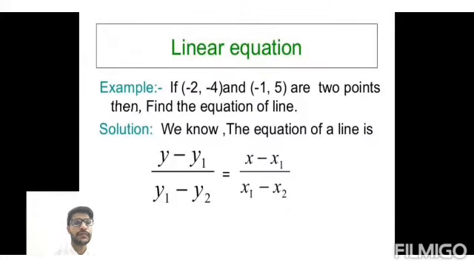Linear equation: if (minus 2, minus 4) and (minus 1, 5) are 2 points, then find the equation of the line. Solving, we know the equation of the line is with y1, and you can also see x1 and x2, and upon x1 minus x2.